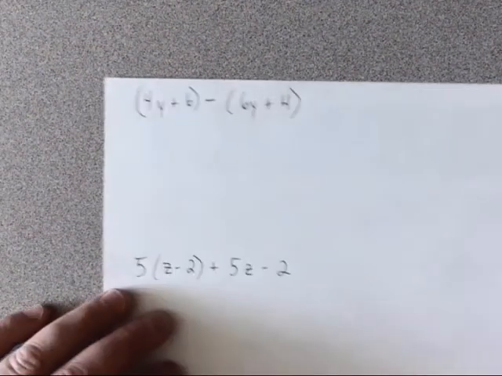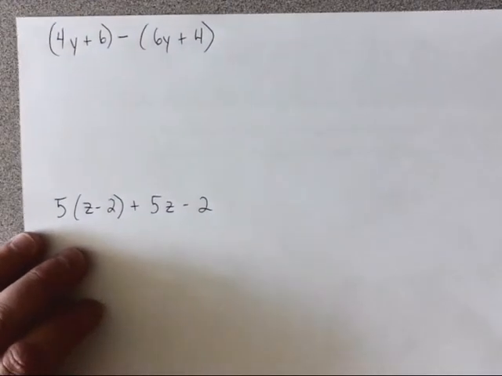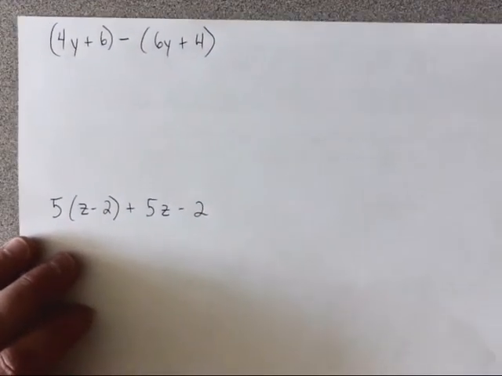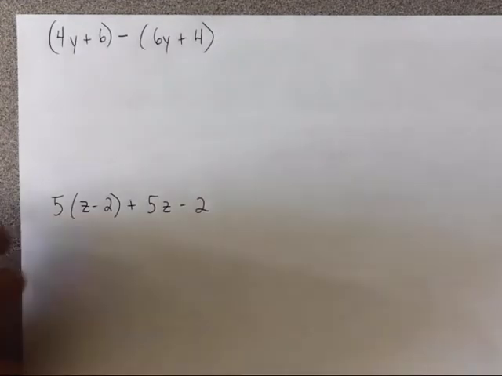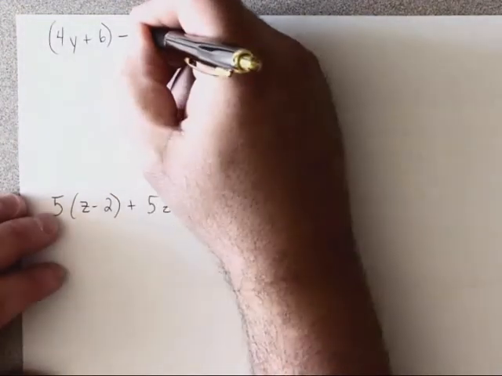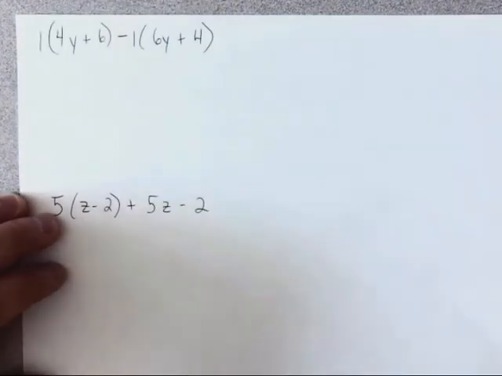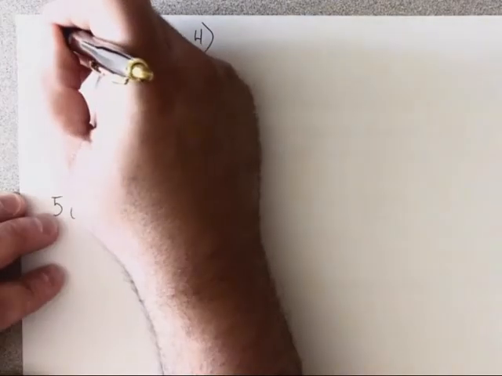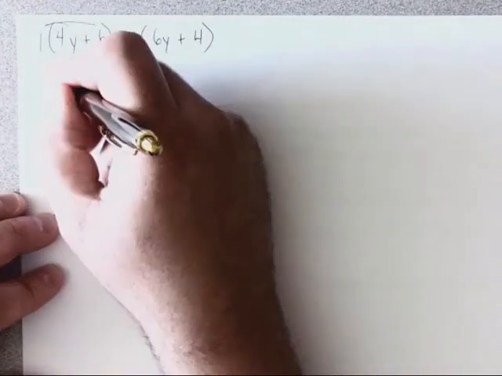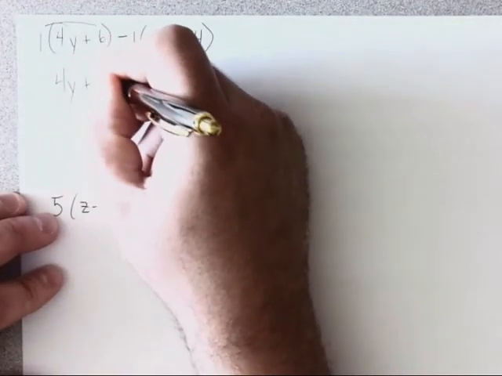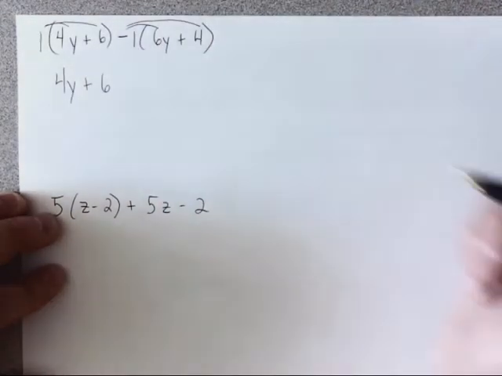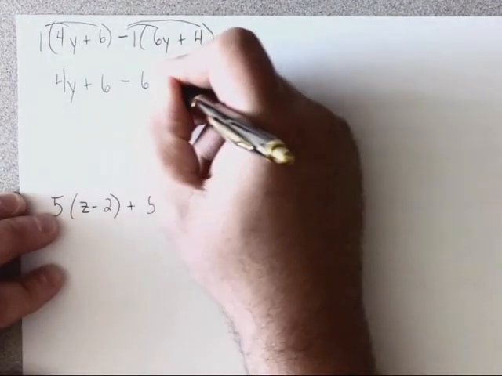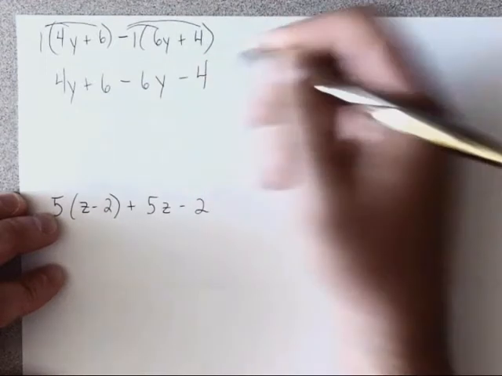I wanted to do 2 more examples here. Okay, so 4y plus 6 minus 6y plus 4. Remember that there are ones in front of these parentheses, so I could do the distributive property. When I multiply by a positive 1, that's not going to change any of those terms, but when I multiply by a negative 1, that's going to change the sign of these.